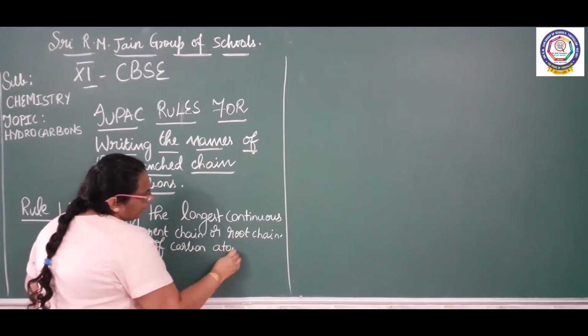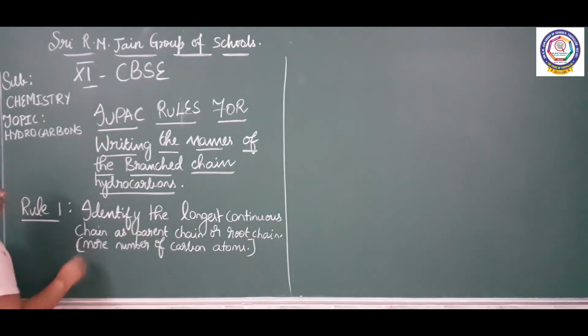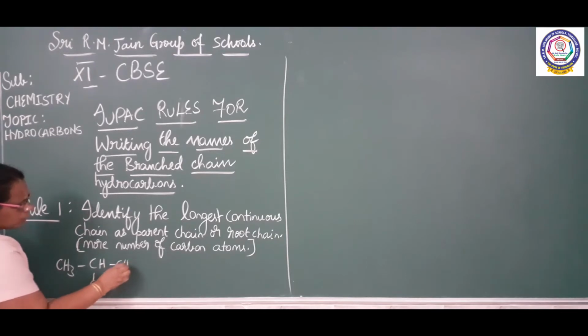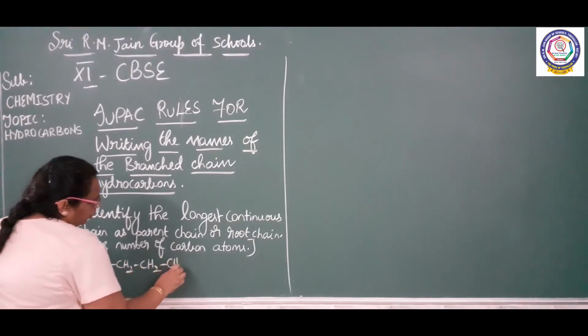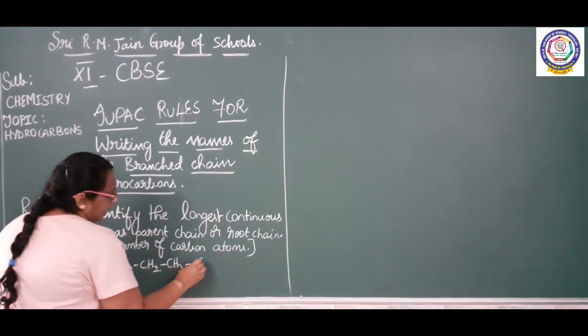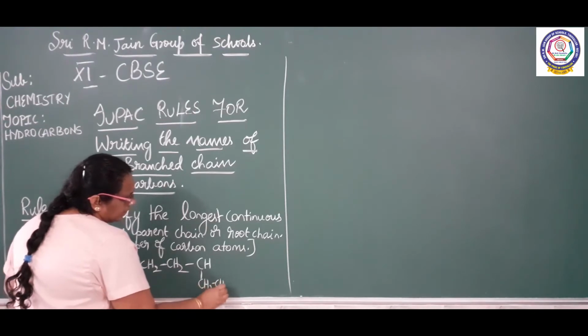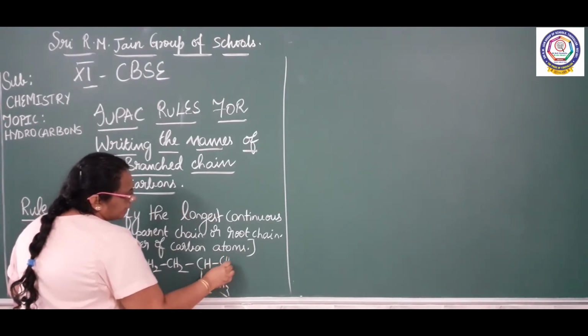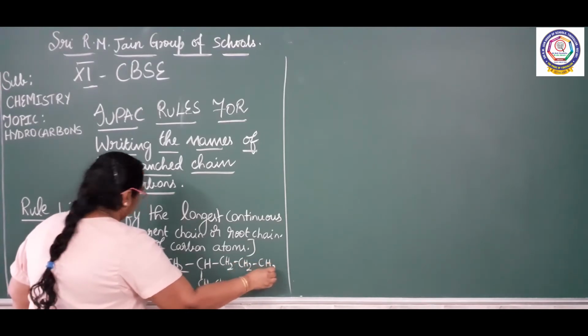For example, I am going to write a compound like this. CH3, CH3, CH2, CH2, CH2, again CH, CH2, CH3, again CH2, CH2, CH3.